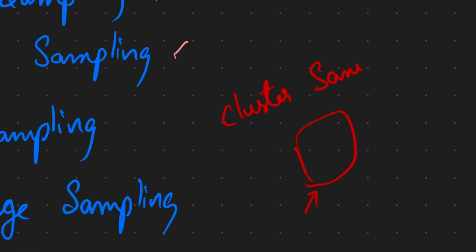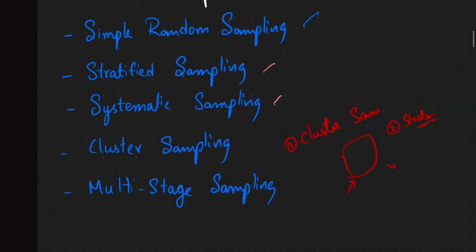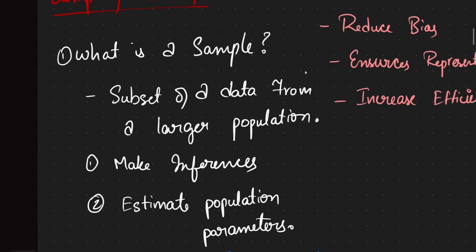Then I would ensure that particular groups have been taken into consideration, for instance the category of sex. So the first step would be cluster sampling. Second, I would be using stratified sampling to make sure that all of the groups have been equally represented in my sample. That's how all these sampling techniques work.